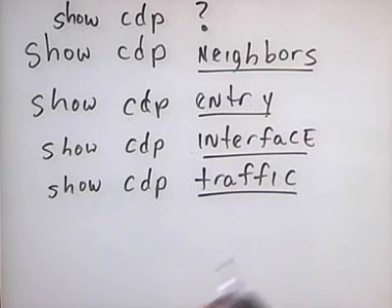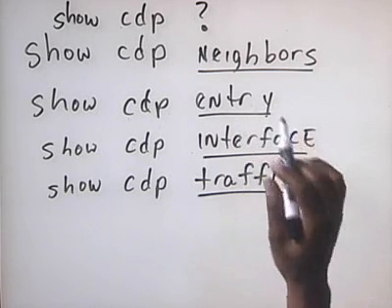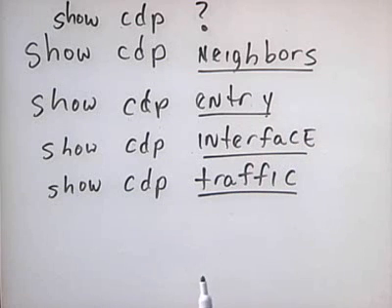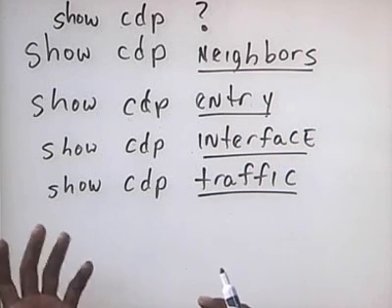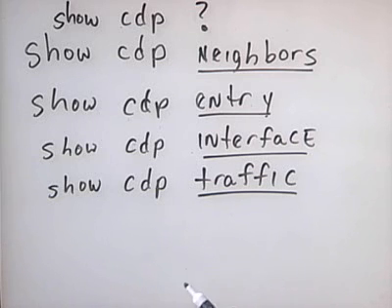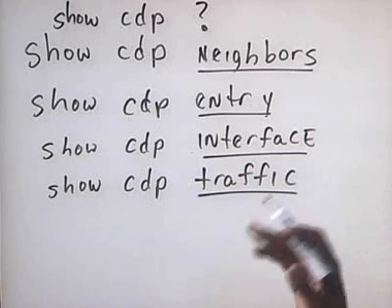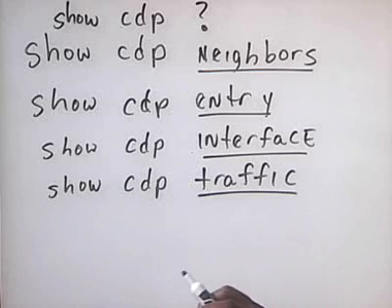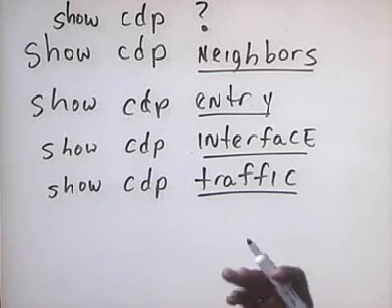You'll also see the local interface that the CDP packets came in on, the hold time, indicating the amount of time that this particular entry would remain in the table before the neighbor is assumed no longer there, the capability, whether it's a router or a switch, and also the platform, being a 2500 series or 2600 series router or a 1900 series switch or a 2550 switch.